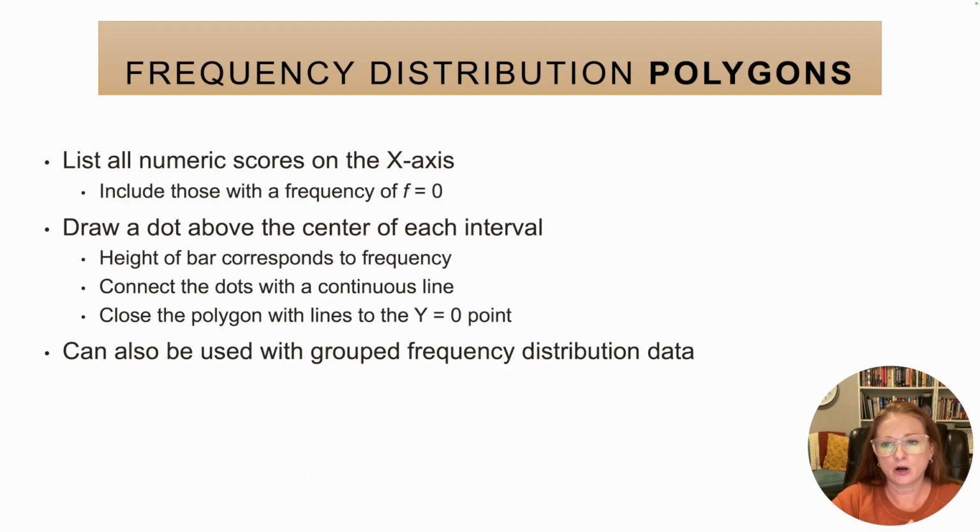You can also use a polygon. It gives the same feeling. Again, you're going to list all the numeric scores on the x-axis, but this time you're going to draw a dot above it. So instead of using bar graphs, or I hate saying that because a bar graph's different than a histogram, you're now going to use dots, and then you're going to connect the dots using continuous lines.